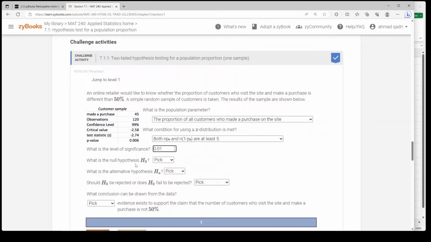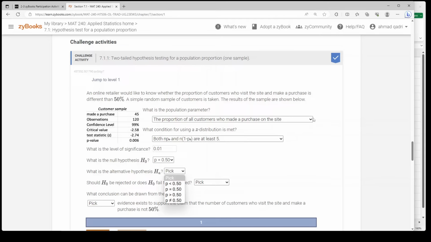What is the null hypothesis? Well, the retailer is attempting to test if the proportion is different than 50%. So the null hypothesis is that the proportion equals 50% or 0.50. What is the alternative hypothesis?